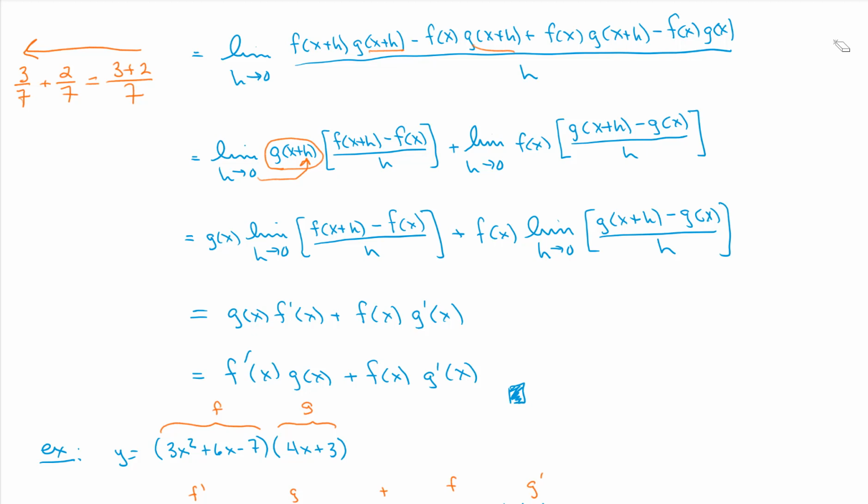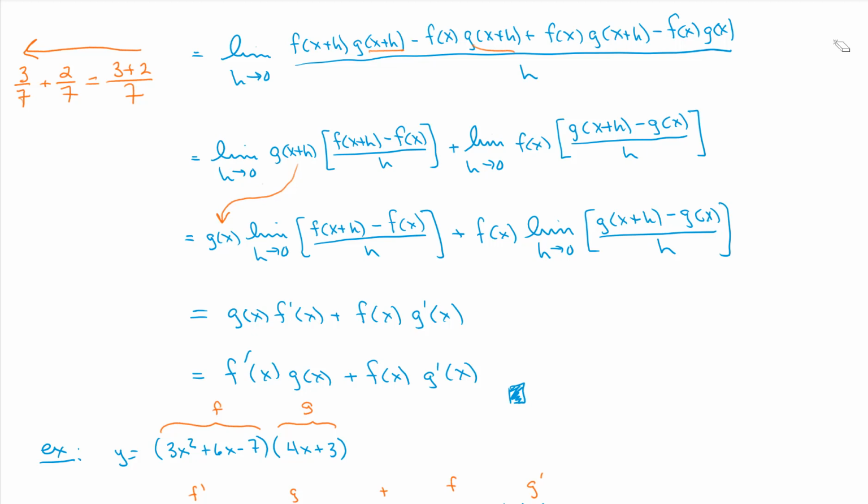We can't substitute it in here because it would be undefined, so that's not going to work. But in this first term, we can substitute in h goes to 0. After we've applied the limit, we can pull that function out front times the limit that remains, and we have g of x times this limit as h goes to 0, f of x plus h minus f of x over h.